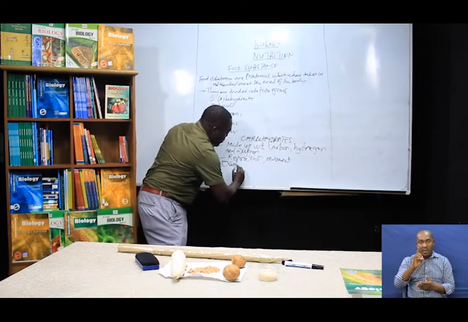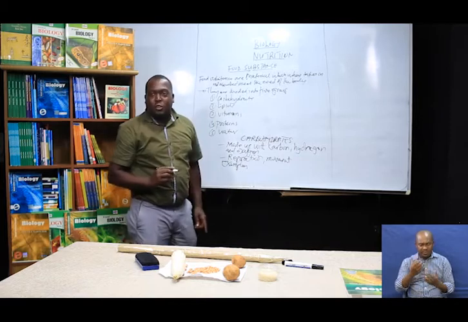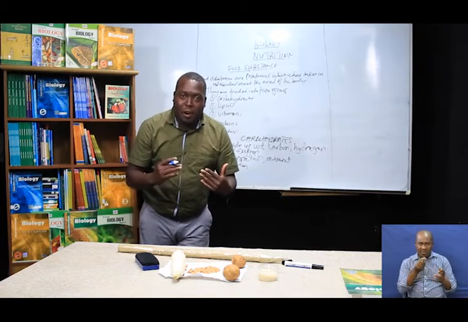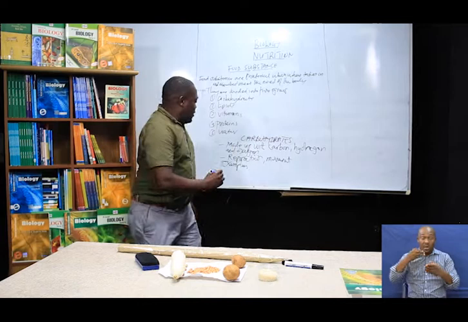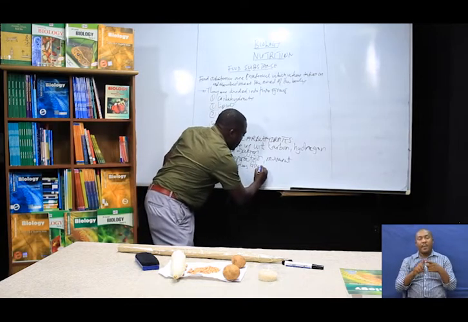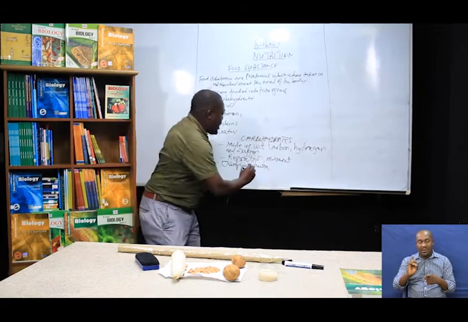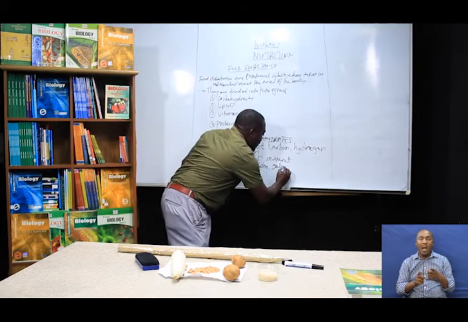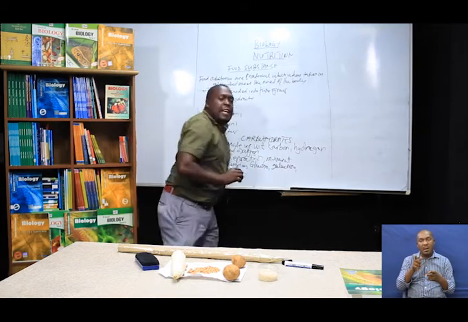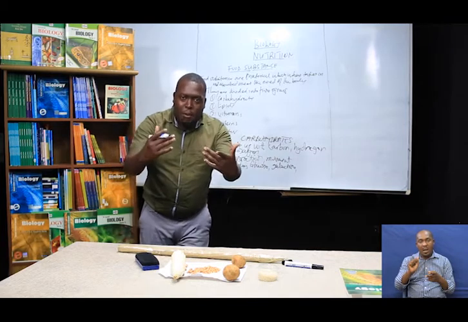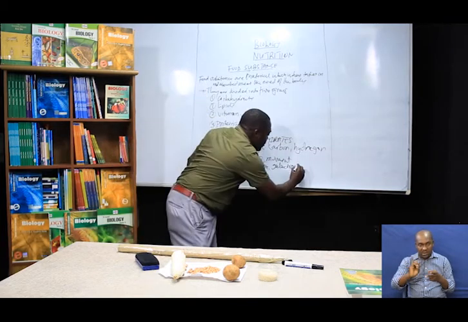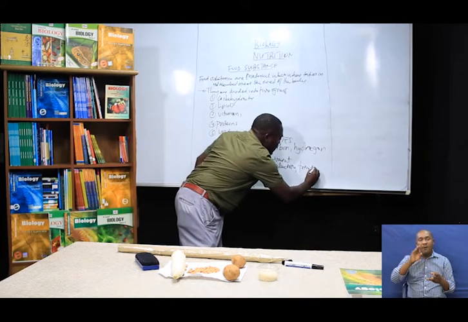What are the examples of carbohydrates? We have so many examples of carbohydrates, but we have glucose. Glucose is one example of carbohydrate. Another is galactose. Galactose is another example of carbohydrate. Another is fructose.